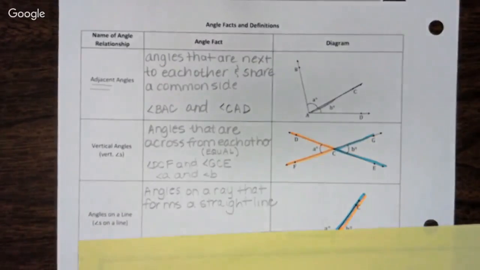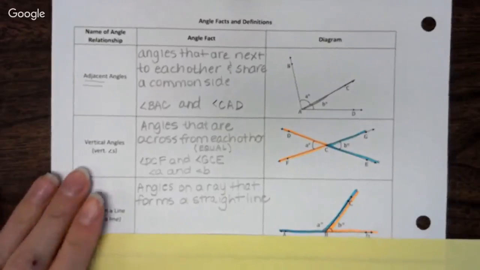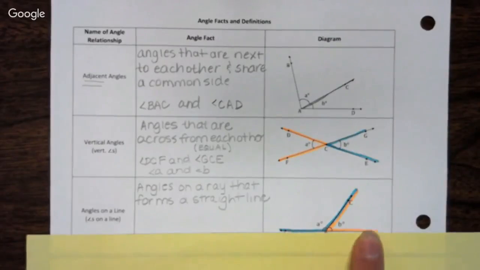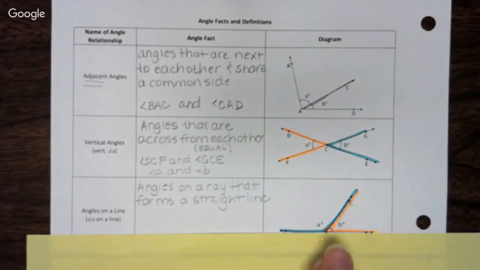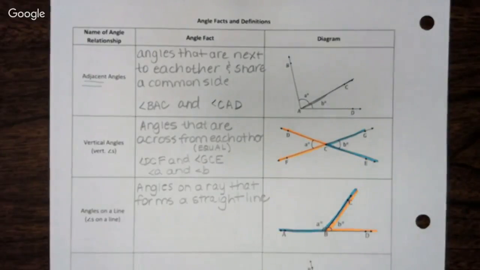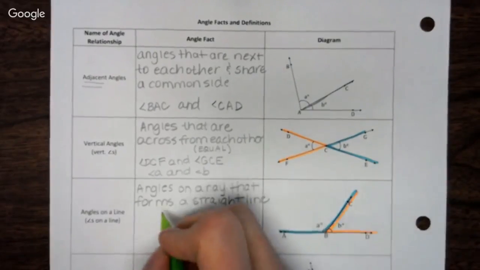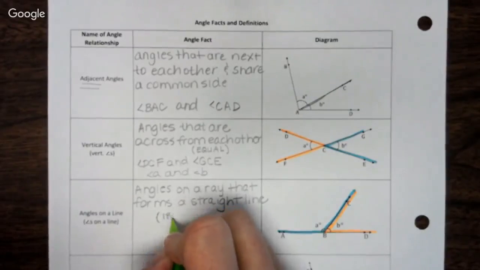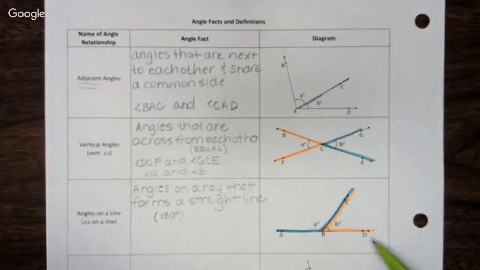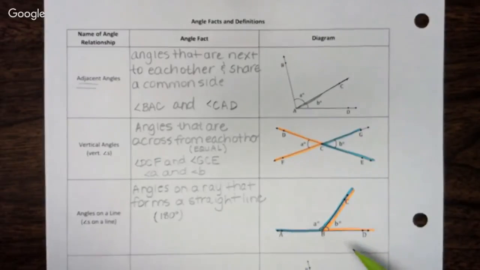Those two angles, if I hold my sheet of paper up, notice that the blue and the orange at the bottom just go on one continuous straight line. So that's what I mean, they form a straight line. Together next to each other, they would go right along the sheet of paper. So we know a straight line to be 180 degrees. So what I would be telling you is that these two angles form a straight line, meaning they add up to 180 degrees.